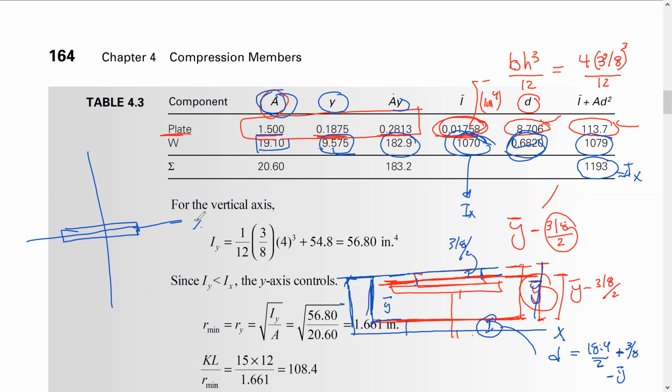About the x-axis, that was b here, so we calculate 4 times the height here, which is 3/8 cubed dividing by 12. This is about the x-axis. About the y-axis, b is going to be 3/8 times the height here, 4 cubed dividing by 12. So this is for the plate, okay?